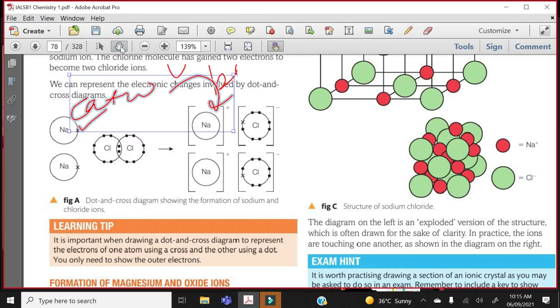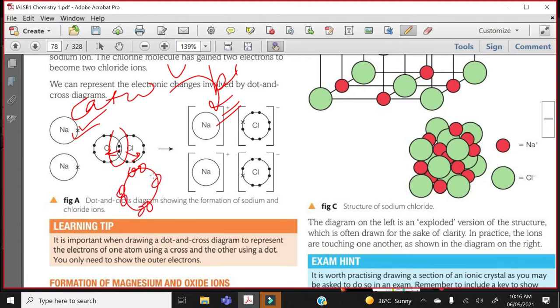Sodium has lost this electron, that's why it is sodium with +1 charge. And chlorine has broken this old relation. One electron is taken by this chlorine, one by this chlorine, so Cl was left like this. Now the cross you can see in Cl is from the sodium, so with the negative charge on it. So you can see that two sodiums and two chlorides have got together, and you got the dot and cross structure of sodium chloride.